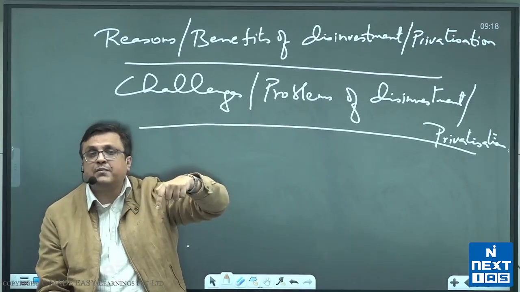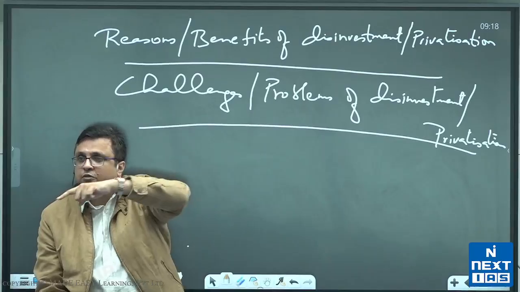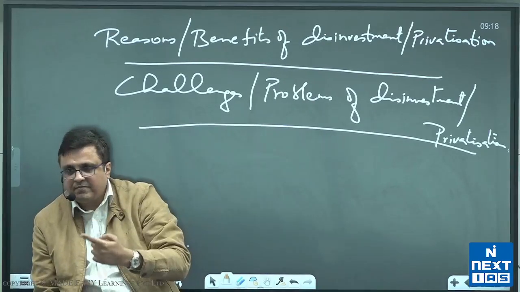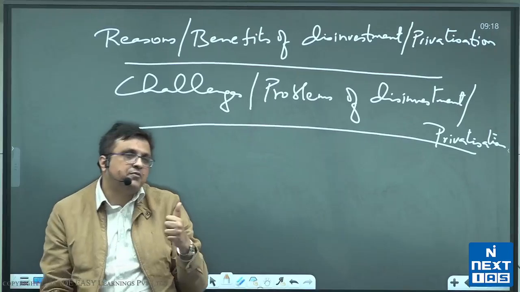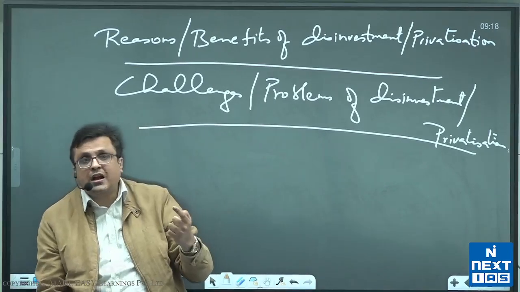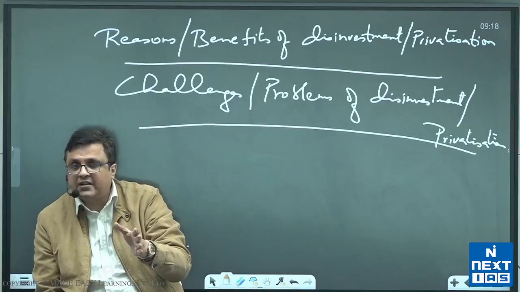Now the private company might find it convenient to remove these people and replace them by younger ones. You understand that? So that creates problem one, that these people are in trouble, those who are working for long and might be in their last 8-10 years.